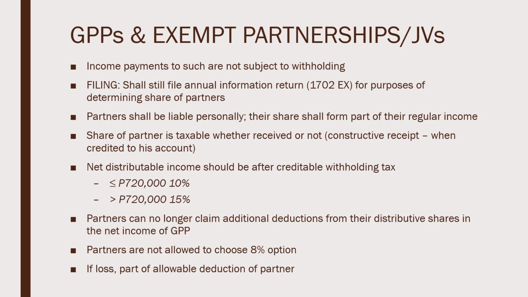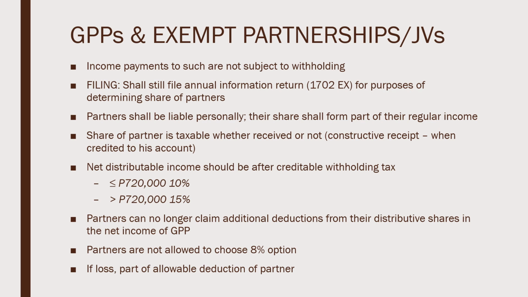Partners can no longer claim additional deductions from their distributive shares in the net income of a GPP. This rule is more relevant when the partner of a GPP uses the optional standard deduction. If OSD is used by the partner, we multiply the gross income by 60% to arrive at the taxable net income.